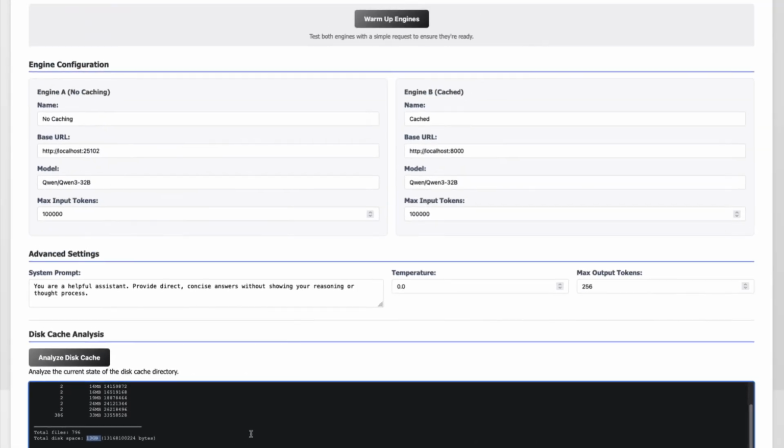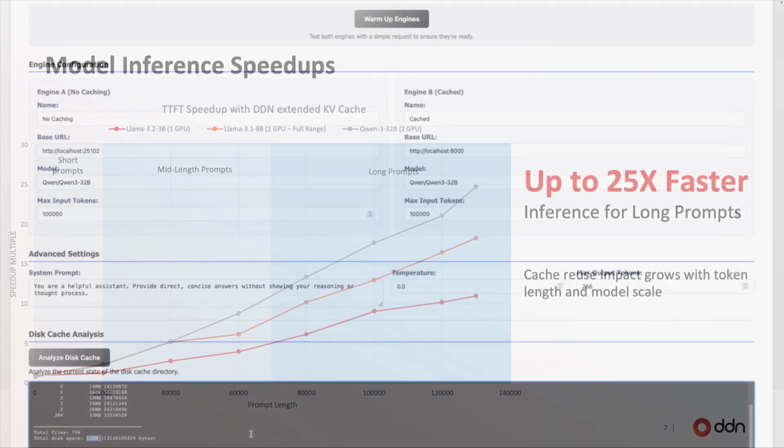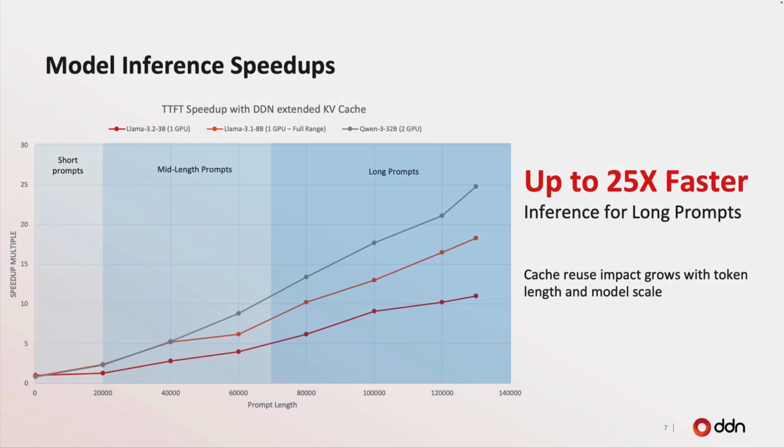If you're using KV caching to accelerate the end user experience, this puts a premium on having extremely high performance shared storage to serve those tokens. DDN has also performed extensive testing, and we've shown that depending on the model used and prompt length, EXAScaler performance can power KV caching to provide anywhere from 10 to 25x improvements in time to first token during inference.